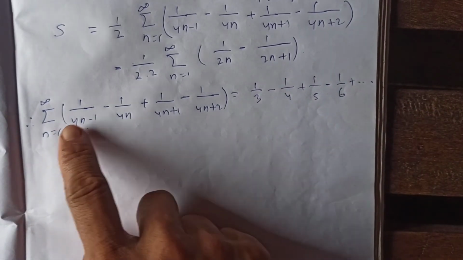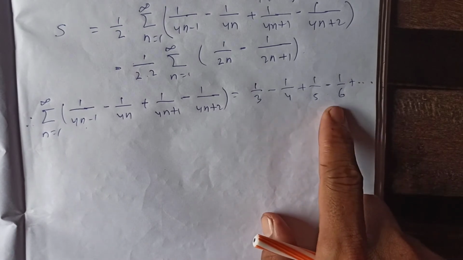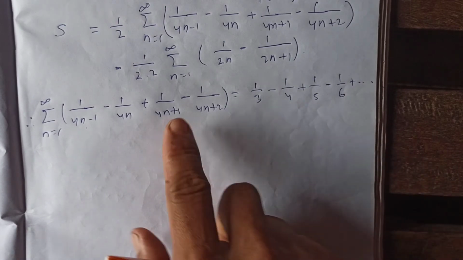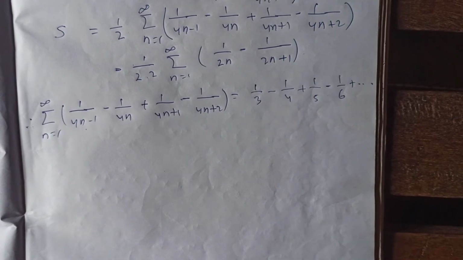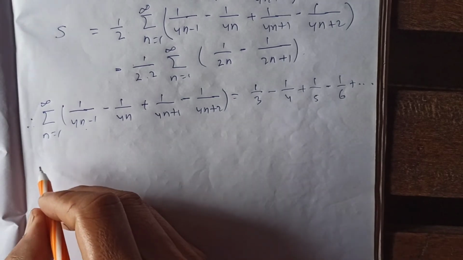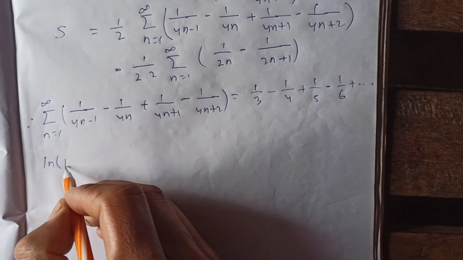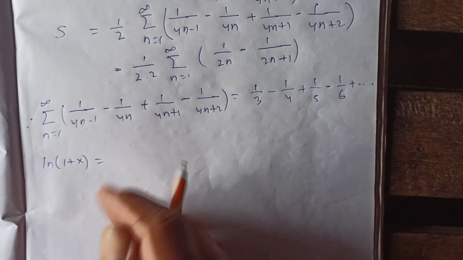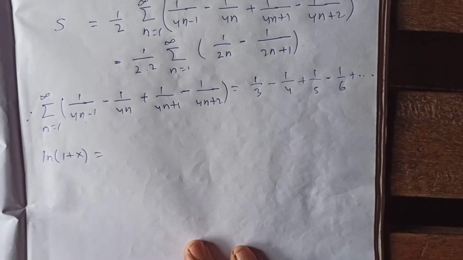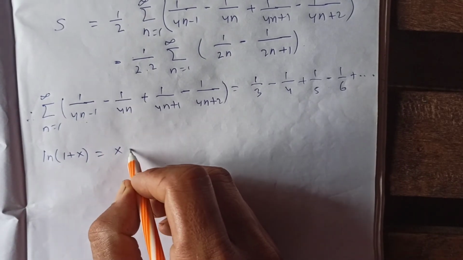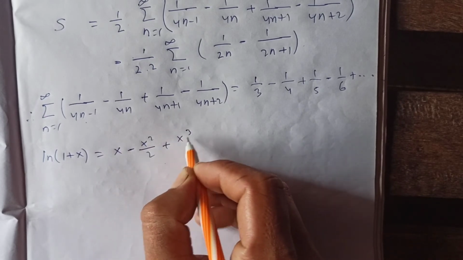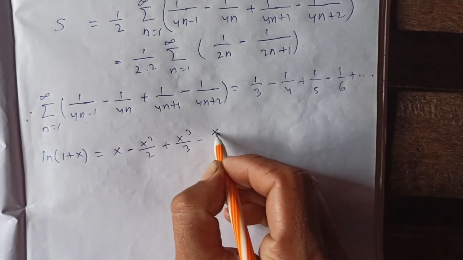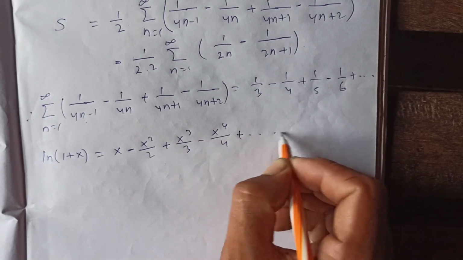This comes from the expansion of natural log of 1 plus x: x minus x squared by 2 plus x cubed by 3 minus x to the fourth by 4 plus and so on.